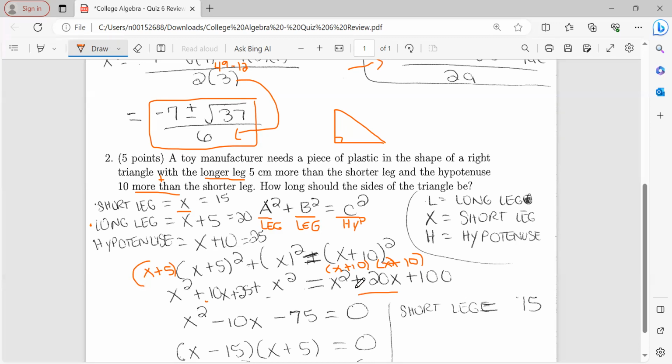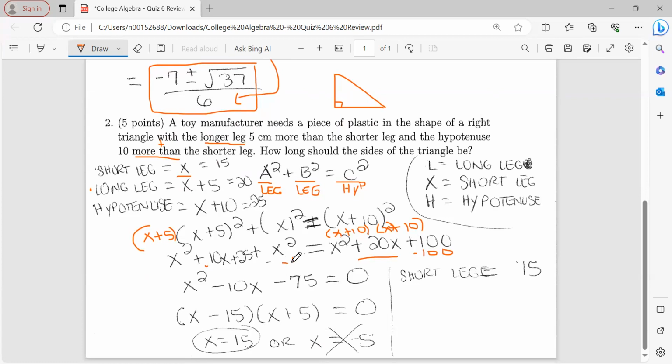All right, so we want to simplify here. We're going to combine like terms. So we subtract the 100 from both sides of this equation, and we subtract the 20x from both sides, and we subtract x squared.